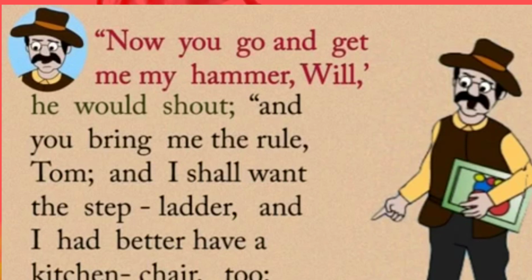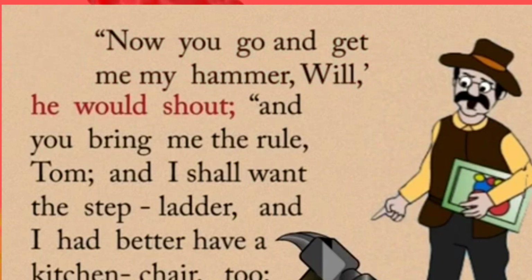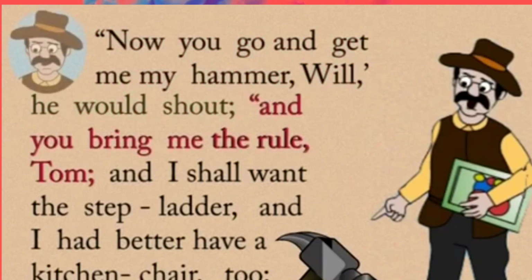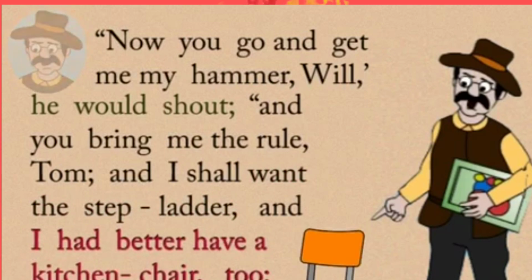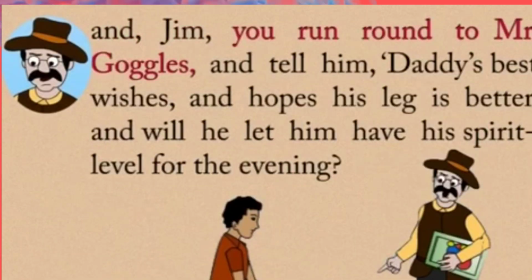"Now you go and get me my hammer, Will," he would shout. "And you bring me the rule, Tom, and I shall want the step ladder, and I had better have a kitchen chair too. And Jim, you run round to Mr. Goggles and tell him Daddy's best wishes and hopes his leg is better, and will he let him have his spirit level for the evening?